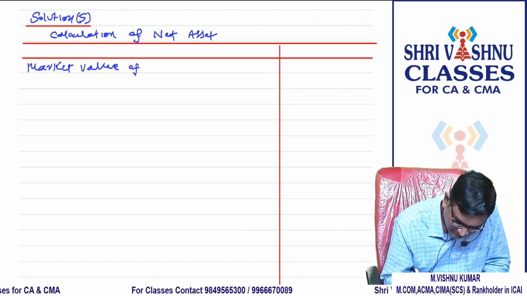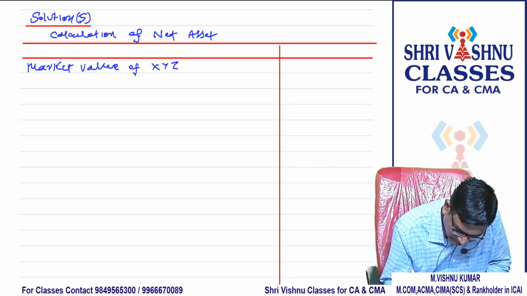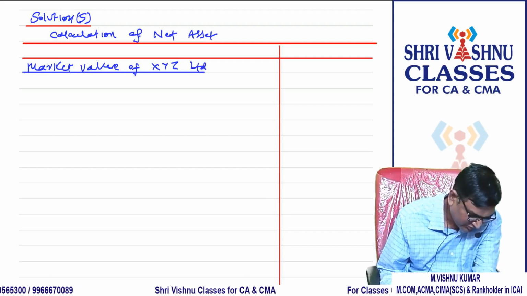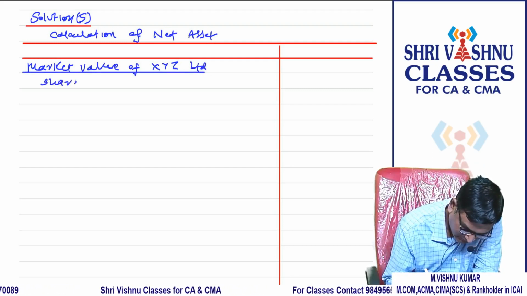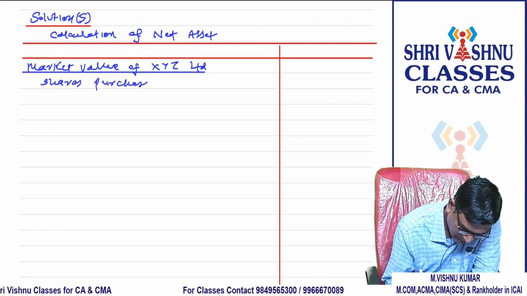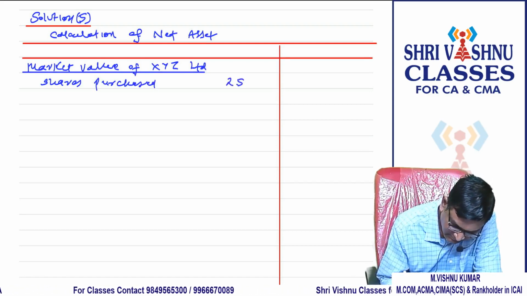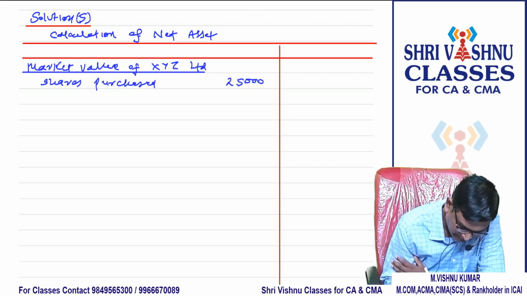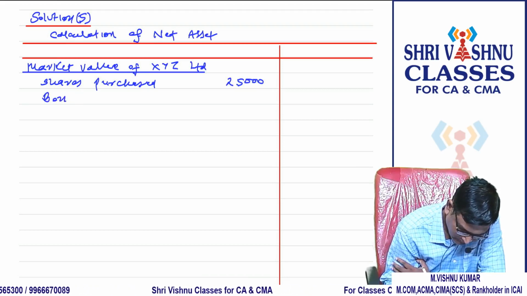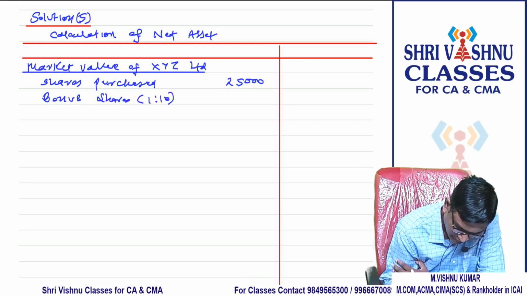First, shares purchased: 25,000, plus bonus shares also come. One is to 10 ratio.